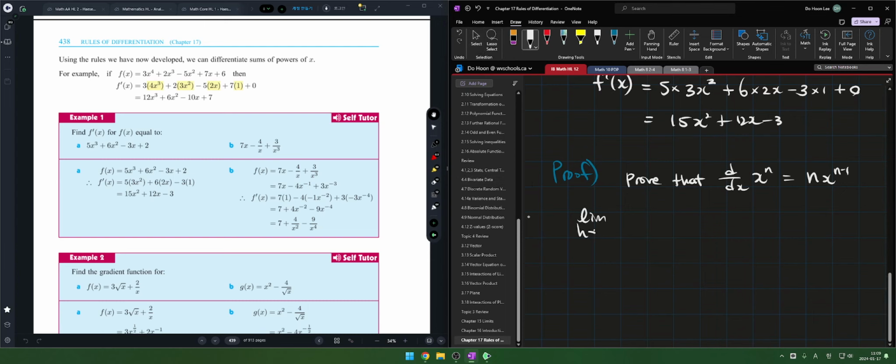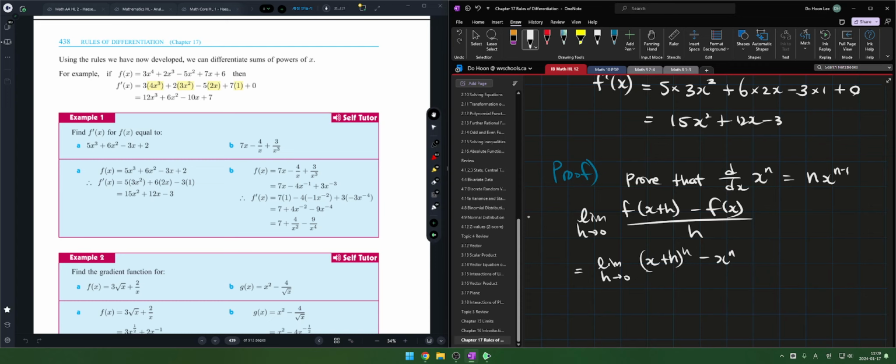Limit as h goes to 0 of f of x plus h minus f of x, divided by h. That is, x plus h power of n minus x power of n, divided by h.